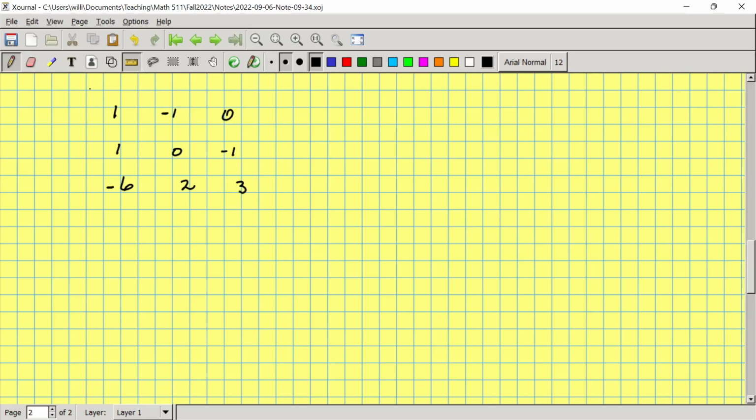And the way that we'll invert this matrix is we will partition it with the 3 by 3 identity matrix and then use row operations.